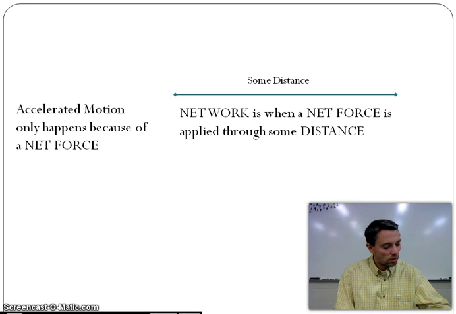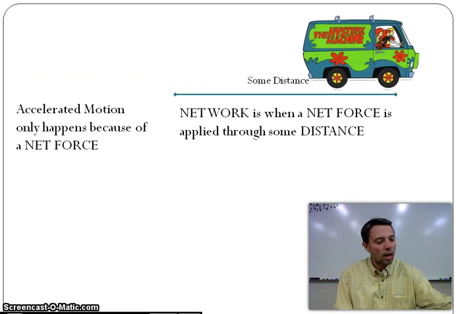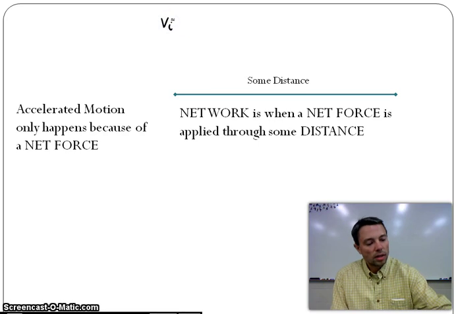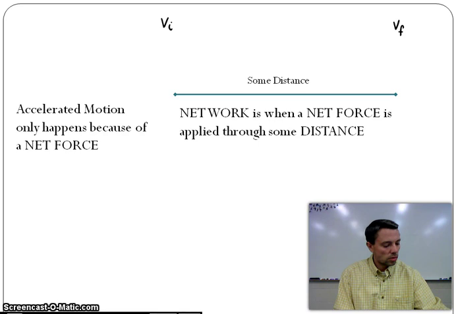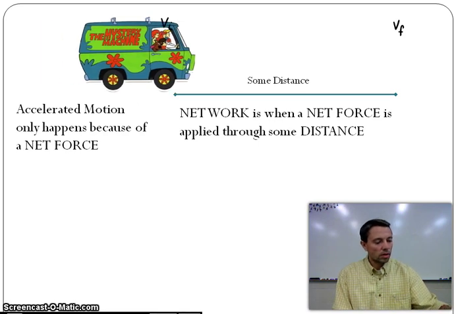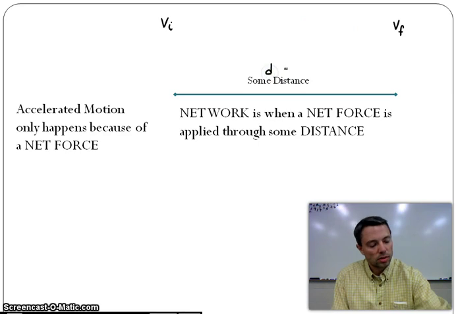Hey, that was kind of cool. Let's look at that again. The mystery machine has a velocity at this point, an initial velocity, and then at the end it has some final velocity. So it has an initial velocity, a final velocity, and we have some distance d.